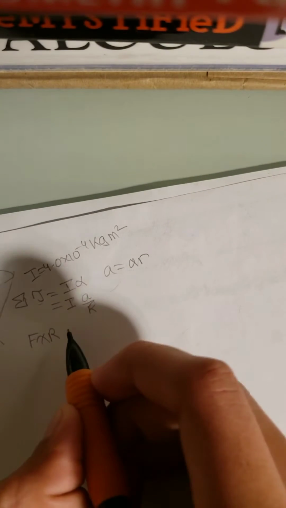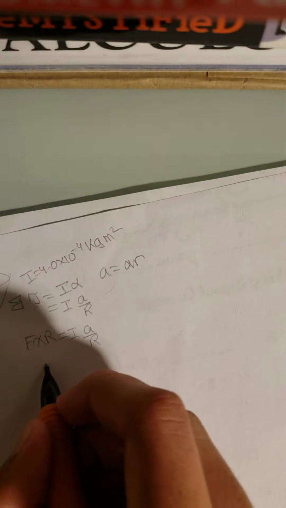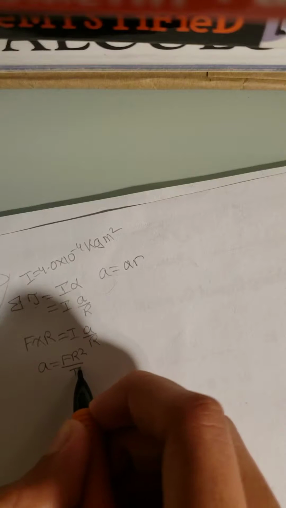Next, we can change torque into force times the radius r, which it is being applied at, so that's I alpha r. Now, we can manipulate this expression and make it into a equals F r squared over I.